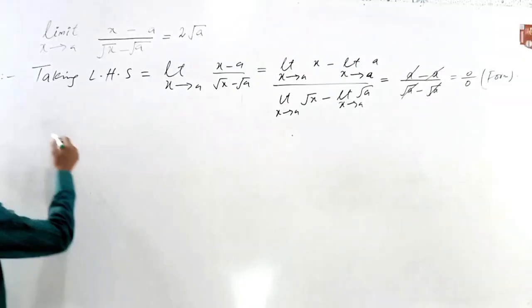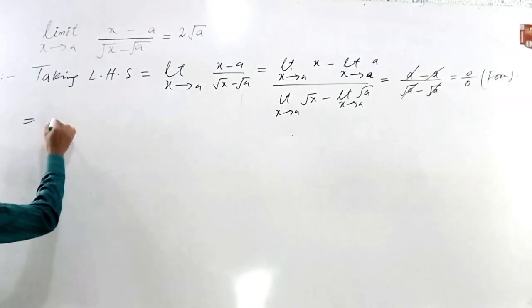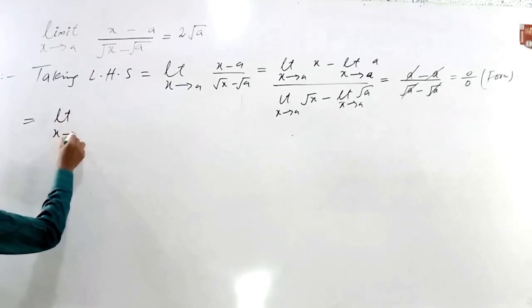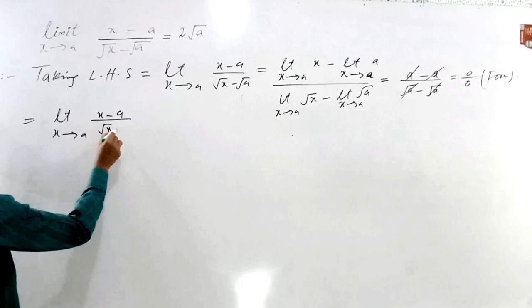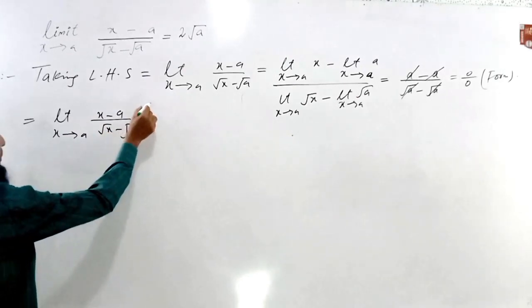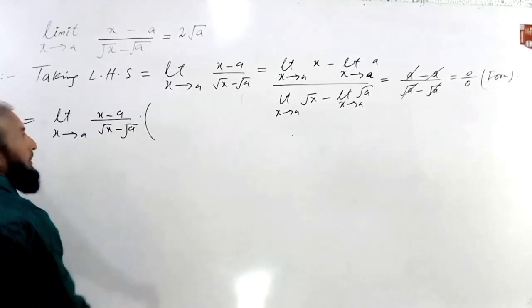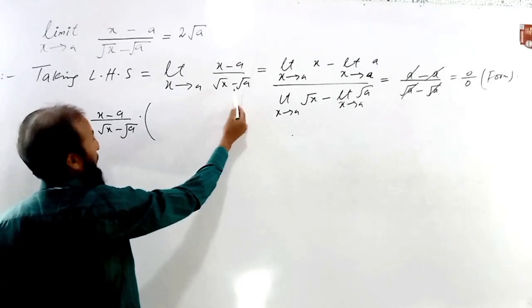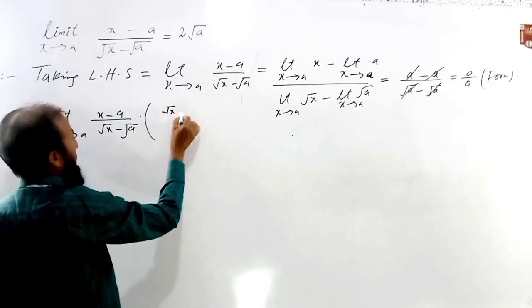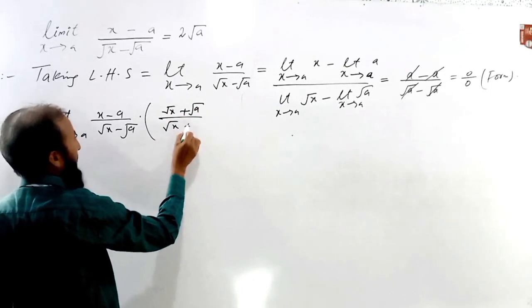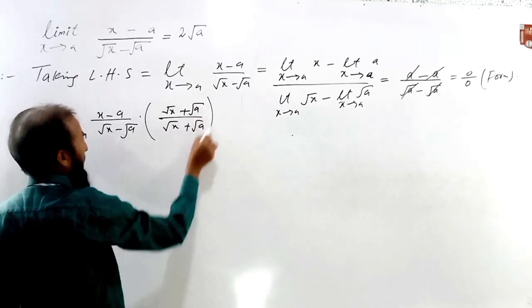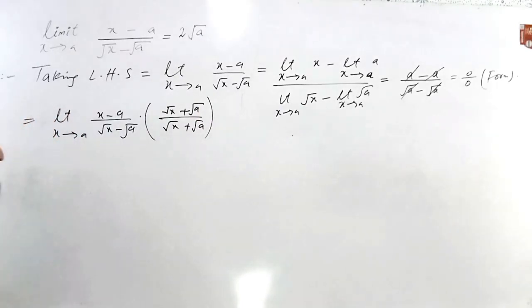So now we are using the rationalization method: limit x tends to a, (x minus a) divided by (square root of x minus square root of a). We apply the conjugate, (square root of x plus square root of a) divided by (square root of x plus square root of a). It is also called rationalization.